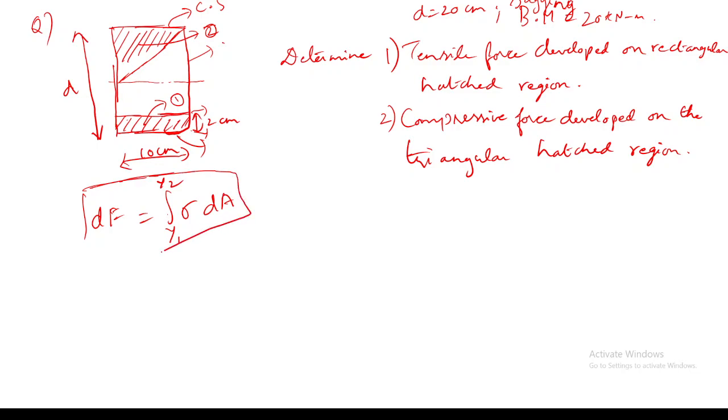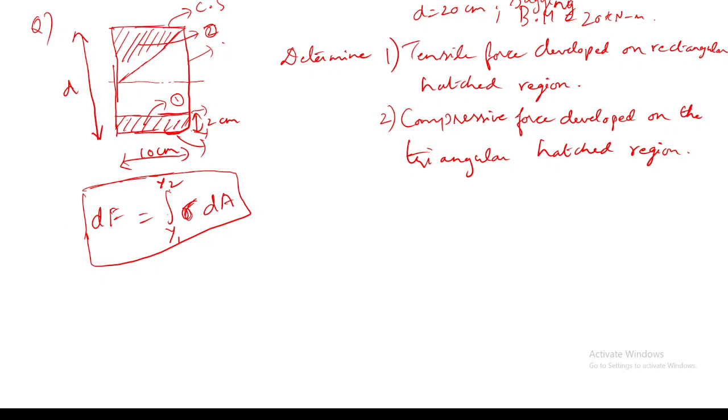This is the basic concept for any stress. In the upcoming class we will see shear stress in beams, and there also we will do problems based on this same idea, where the elemental force is equal to the stress at that elemental area multiplied by the elemental area, and you integrate it from the lower limit to the upper limit to get the total force.